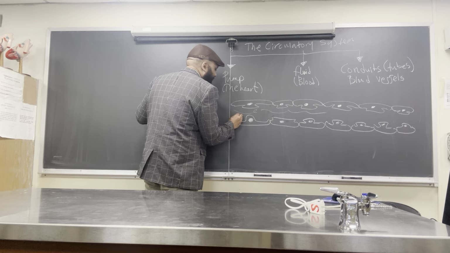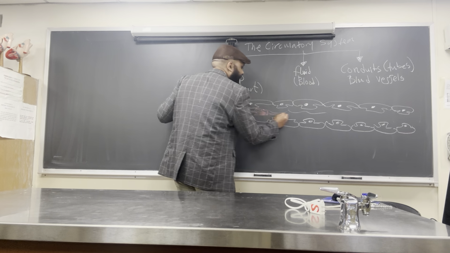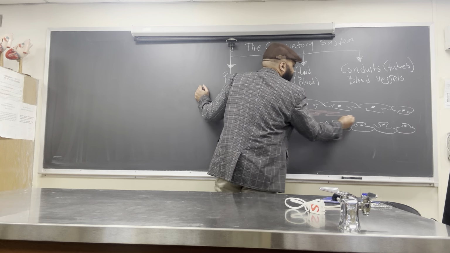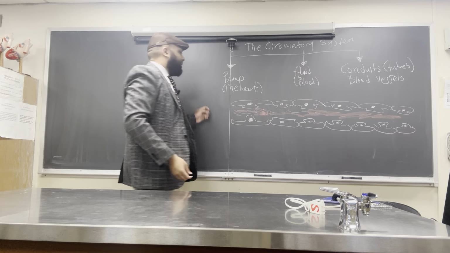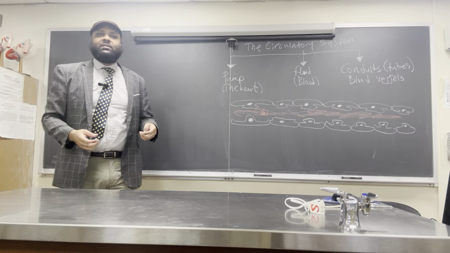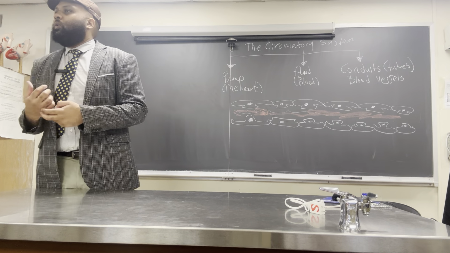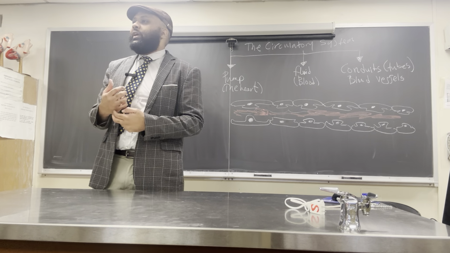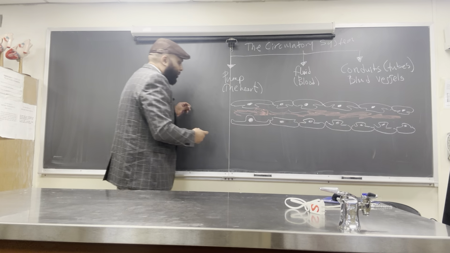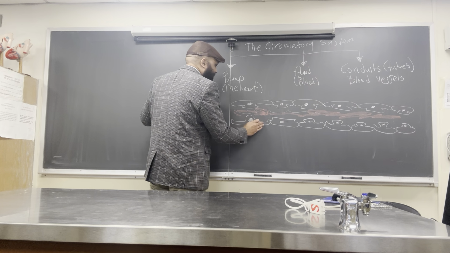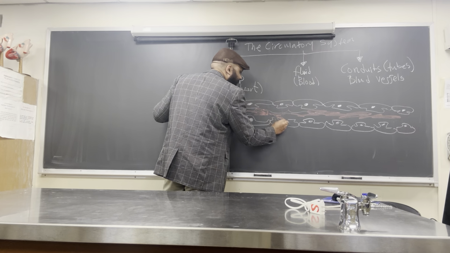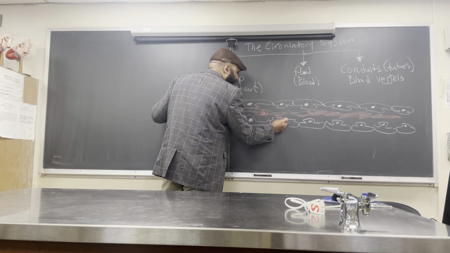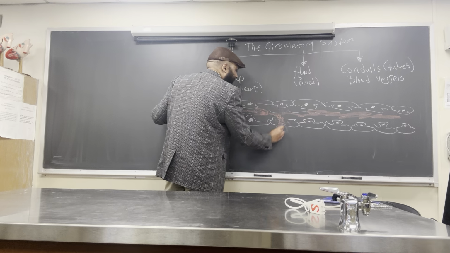The blood is flowing, this red blood is flowing inside the blood vessel. Let's say that there is a contusion or a laceration or an abrasion, and then one of those cells gets traumatized or damaged. So the blood is now leaking. The blood is now falling to the outside.